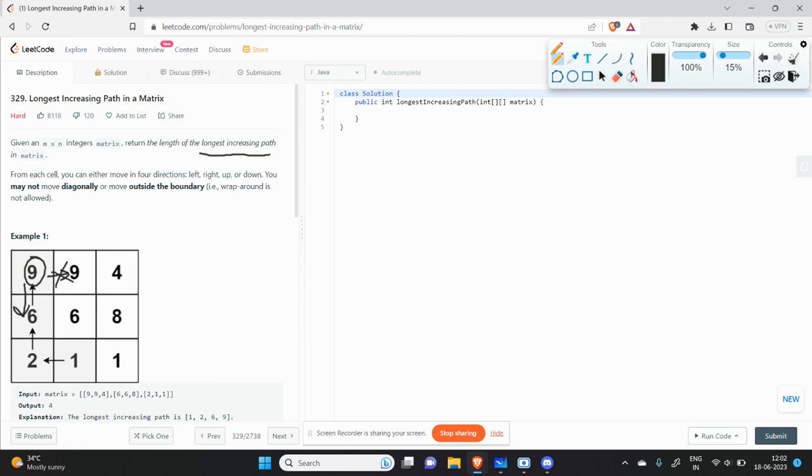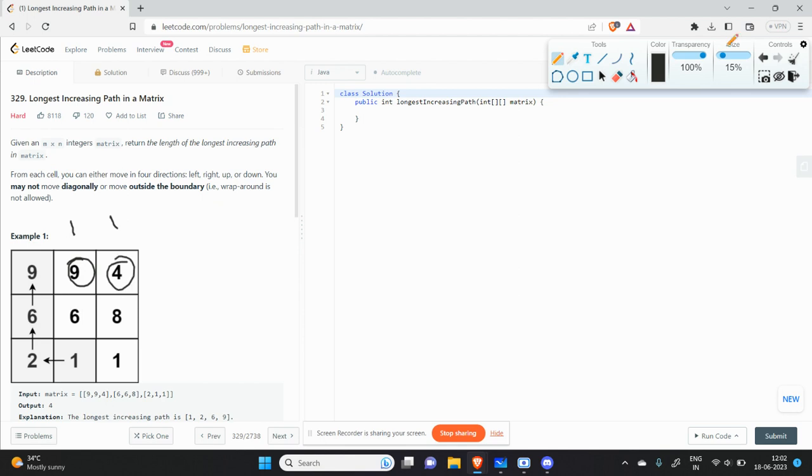Definitely we can't go downward because its value is smaller than the current value. We can't go upward and we can't go to the left because that is out of bound. So if we choose this one as my starting point, the length would be one. Definitely for this 9 also I will get the length as 1.